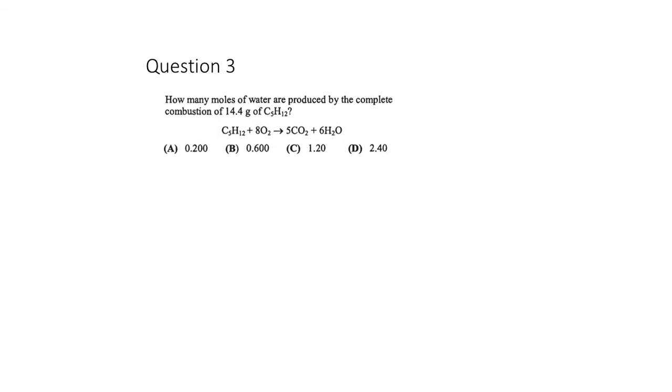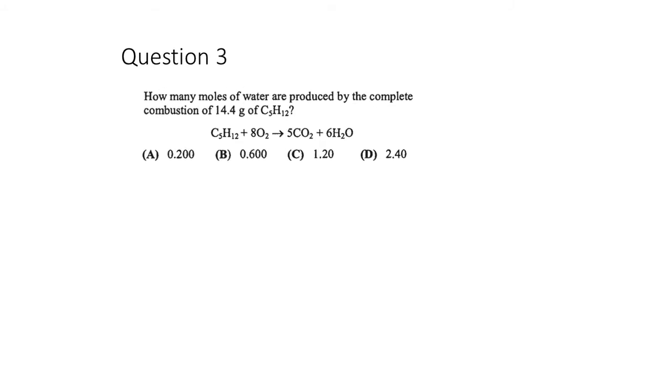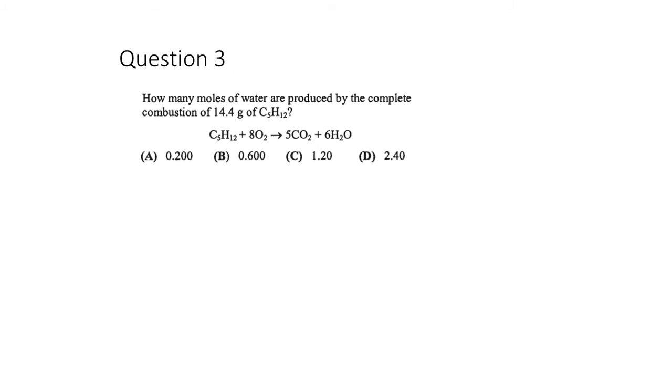Question 3, how many moles of water are produced by this reaction of 14.4 grams of C5H12 by the complete combustion reaction? This means we have ample O2 for this reaction. So the number of moles of water, I almost wrote grams, but the question is asking for moles. Number of moles of water would be equal to 14.4 grams of C5H12. I'm going to need the molar mass, so that's 12.01 times 5 plus 1.008 times 12, so that's 72.15.